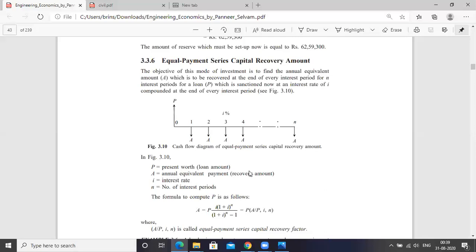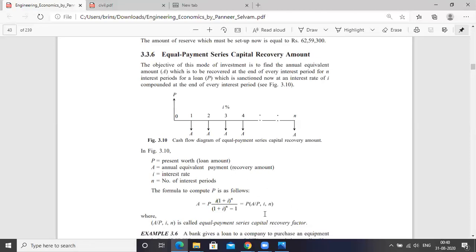You can use the previously mentioned factors. You get this value: A is equal to P into I into 1 plus I power n divided by 1 plus I power n minus 1.